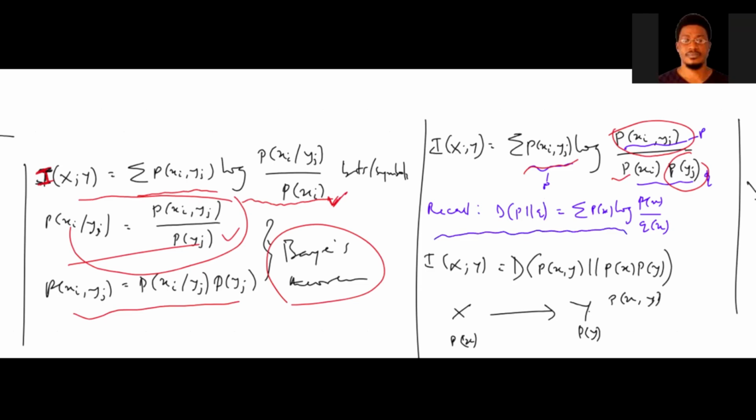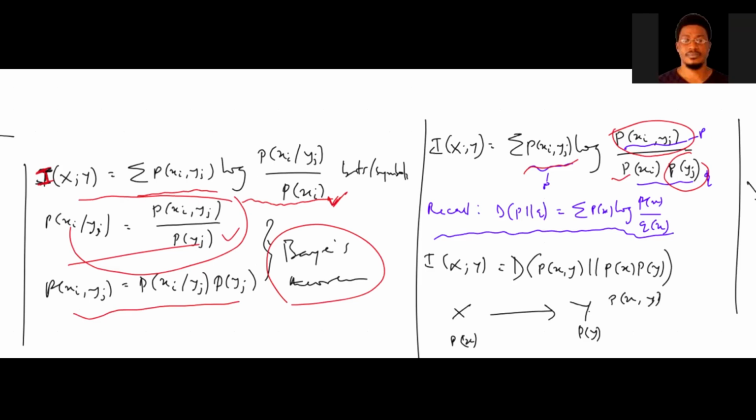And if you recall the relative entropy, let's recall. Let's change the color so we know we are recalling. Recall the relative entropy between P and Q was sigma P of X log P of X over Q of X, right?